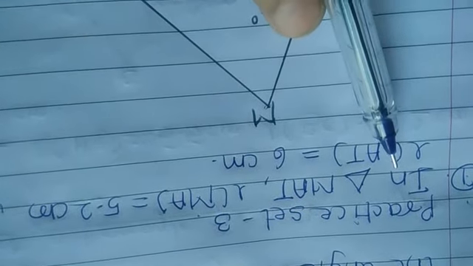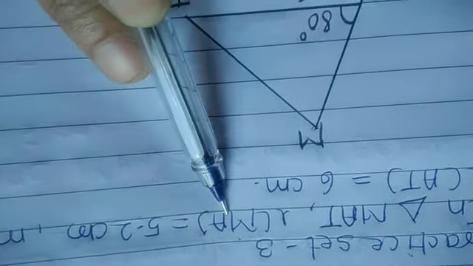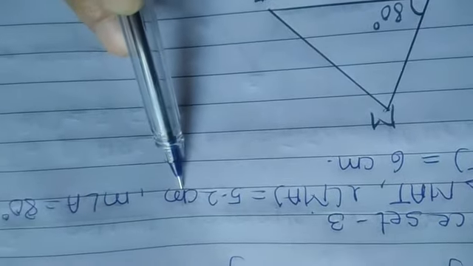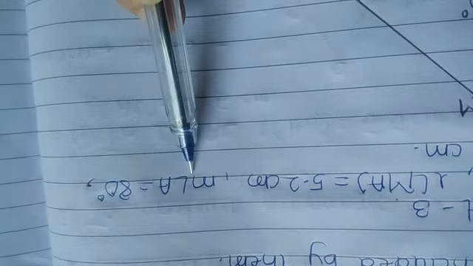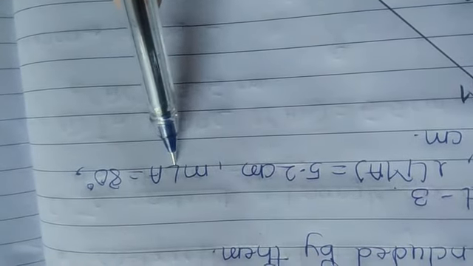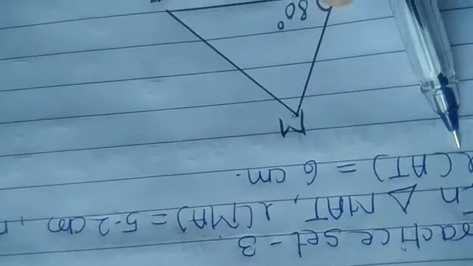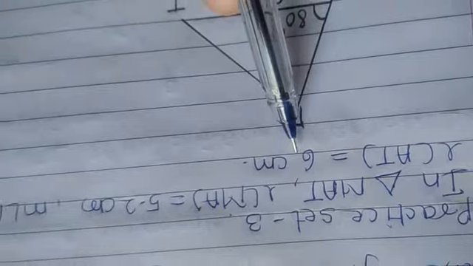The first example is: in triangle AMAT, length MA is equal to 5.2 centimeter, measure of angle A is equal to 80 degree, length AT is equal to 6 centimeter.